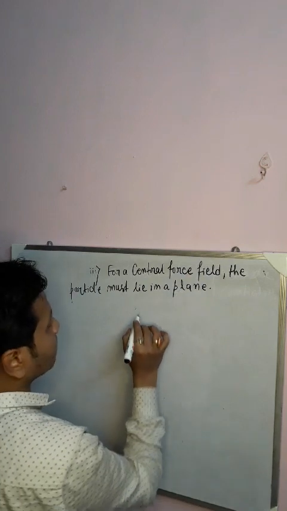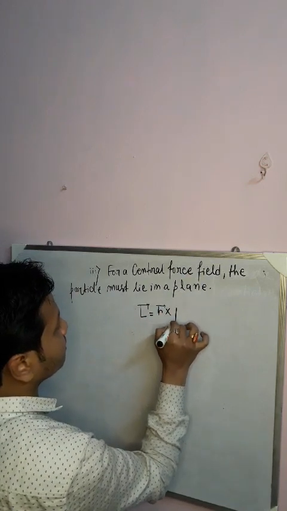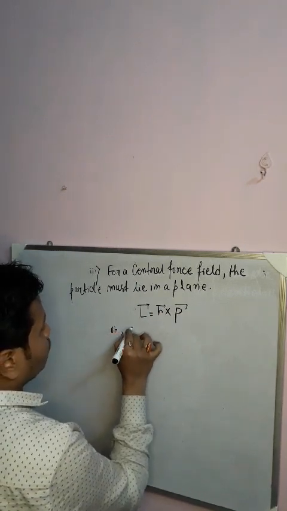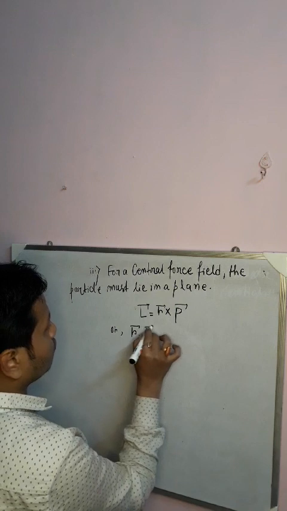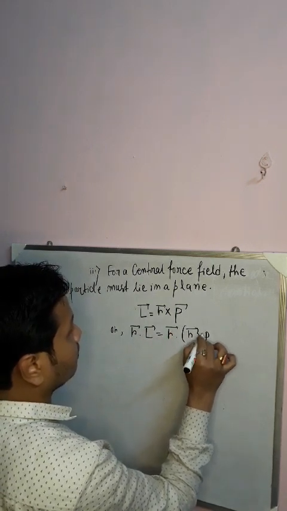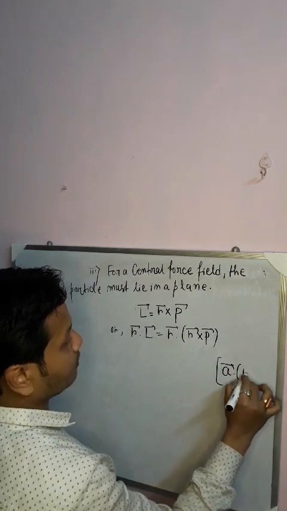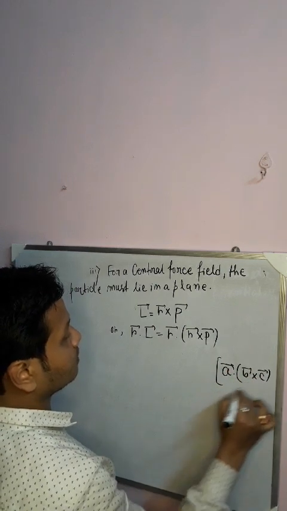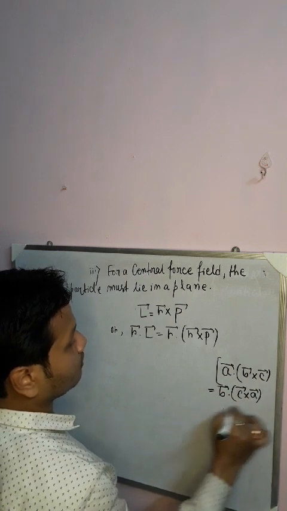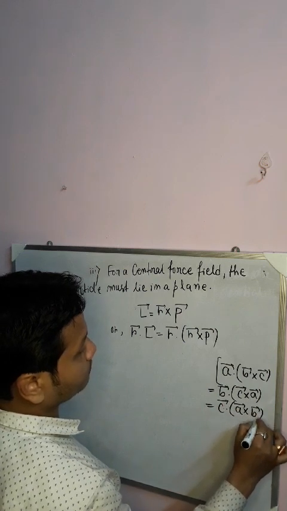Now we know that the angular momentum vectorially can be written in this way. Taking dot product with r, what do we get? r dot r cross p. Now use this vector identity: a dot b cross c equals b dot c cross a equals c dot a cross b.